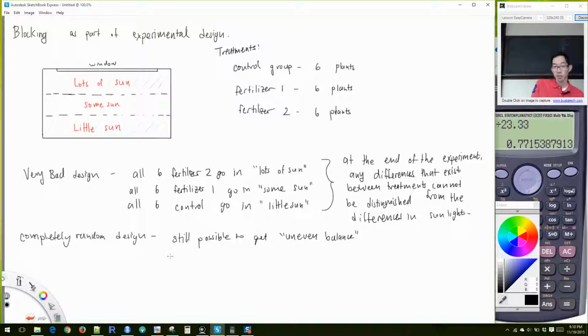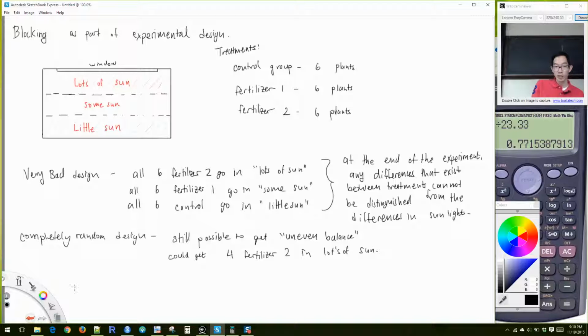Okay, so we could get 4 of fertilizer 2 in lots of sun. Okay, and then so at the end, if fertilizer 2's average is higher than the rest, we don't know if it's because a lot of these plants ended up in the lots of sun zone.